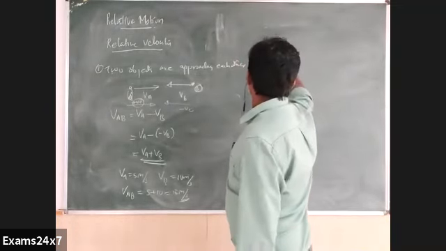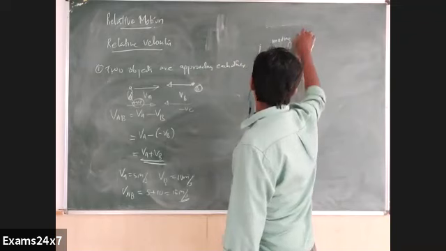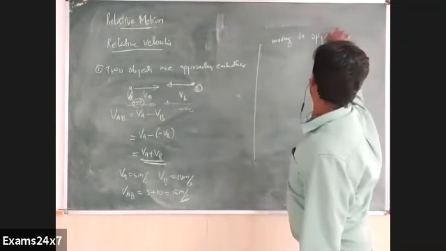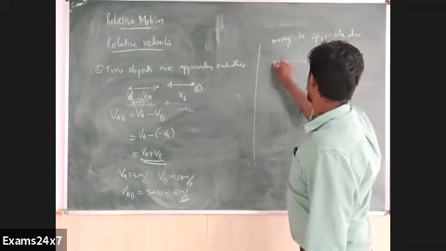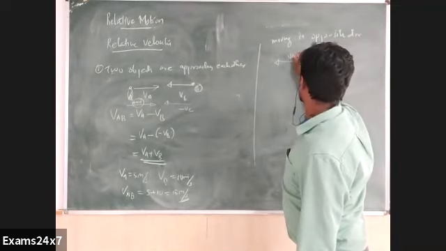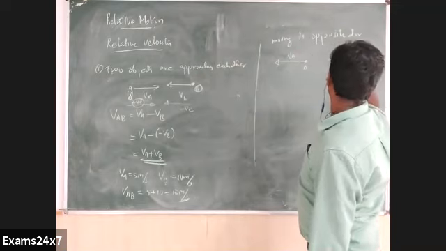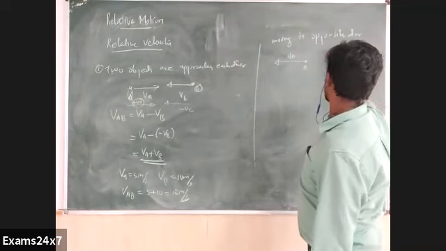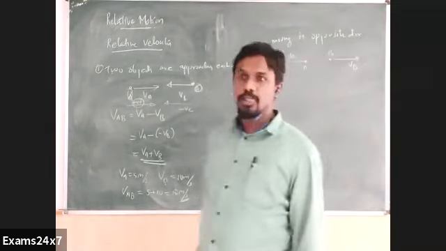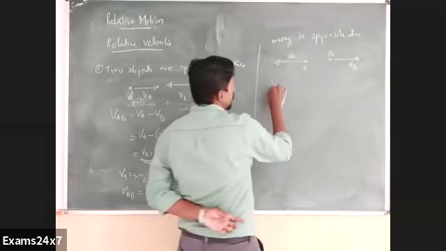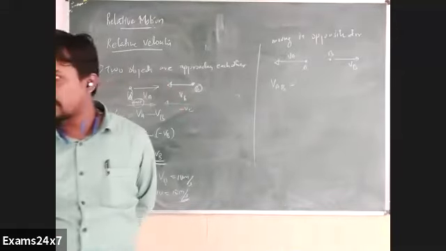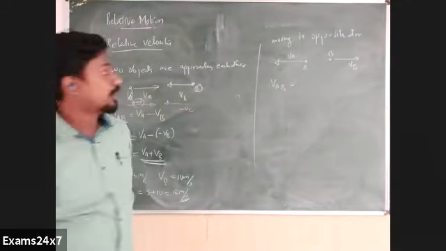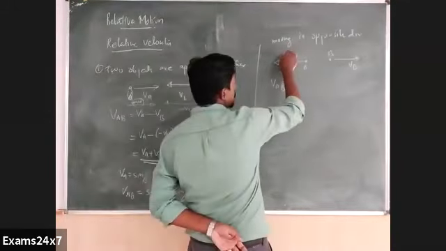Suppose they are moving in opposite direction, same case. A is moving in this direction and B is moving in this direction. You need to find the velocity of A with respect to B, the relative velocity of A. What is the sign of VA?